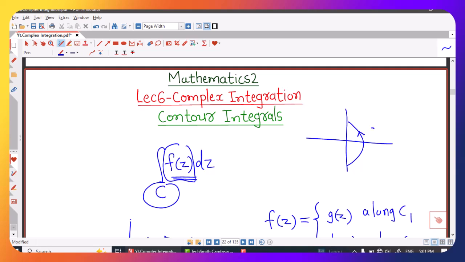Suppose our contour is capital C, but suppose the function is different in this quadrant, or in this part, and the function is different in this part. Then we will give two different names for these two sub contours, and we will integrate f of z along C1 and f of z along C2, and then we will take their sum.